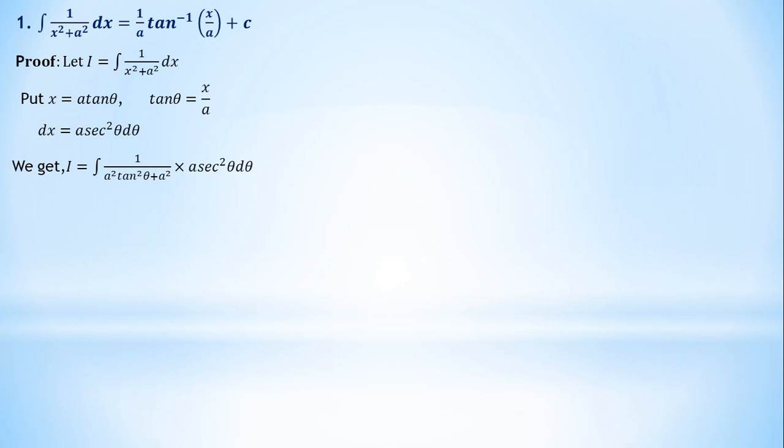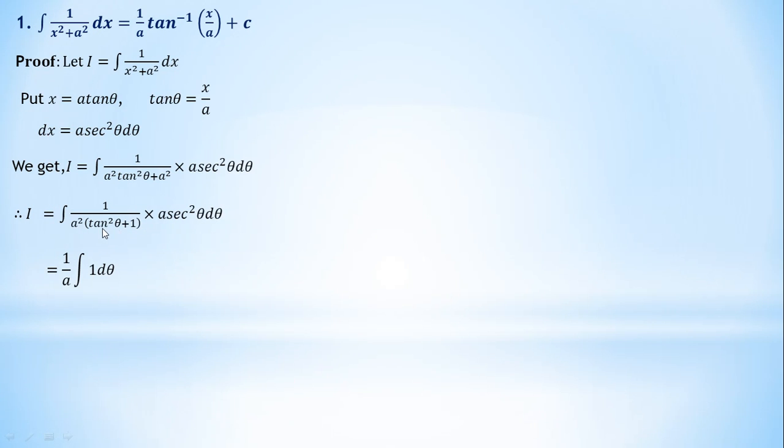Now by using trigonometric relations, we have to simplify this integration. See what we get. We take a square common from the denominator, and in the bracket we get tan square theta plus 1. Now all of you know that tan square theta plus 1 means sec square theta.